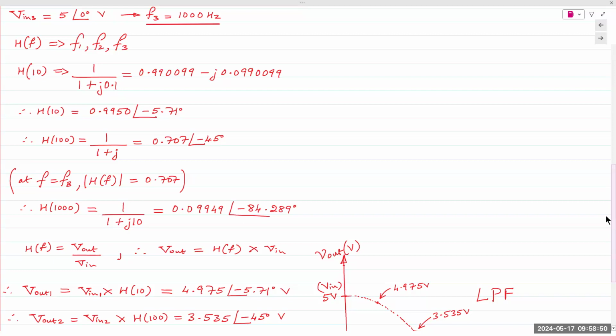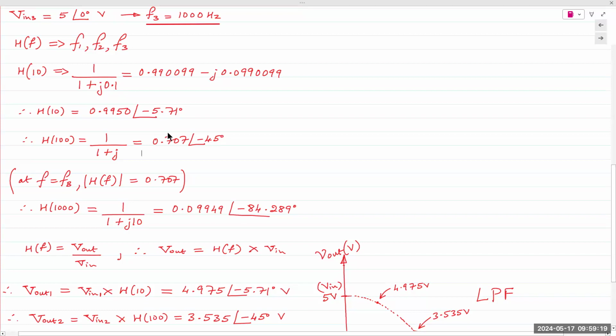Then I do the same thing for H of 100 and H of 1000. You plug in the value of f as 100, what do you get? 1 over 1 plus j, with an angle of minus 45. And this number is important, 0.707. 0.707 times your input.